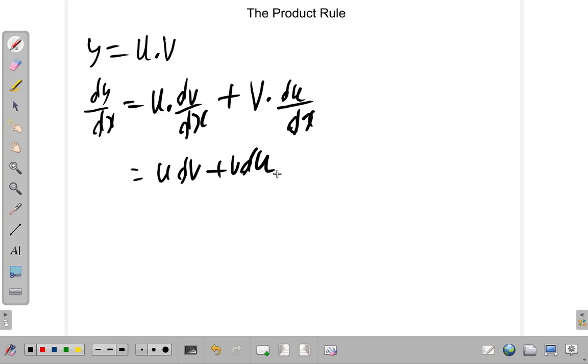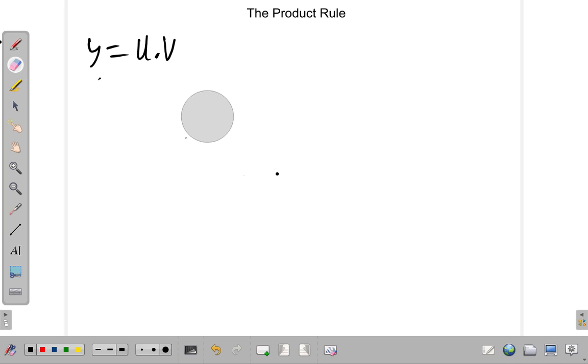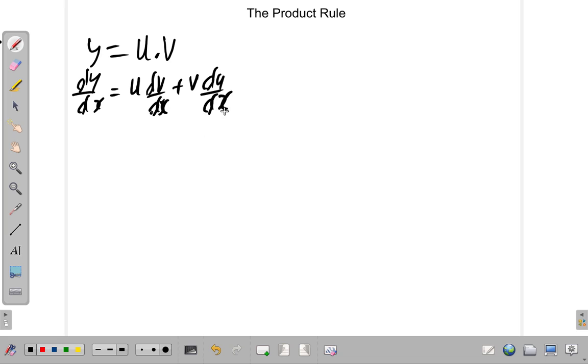Alright? Now, let's look at an example. Let me rewrite this smaller. dy by dx is equal to u dv by dx plus v du by dx.